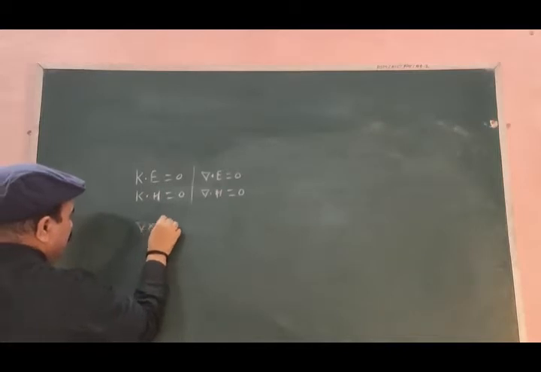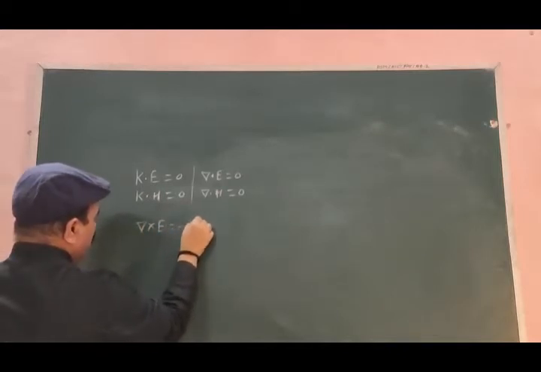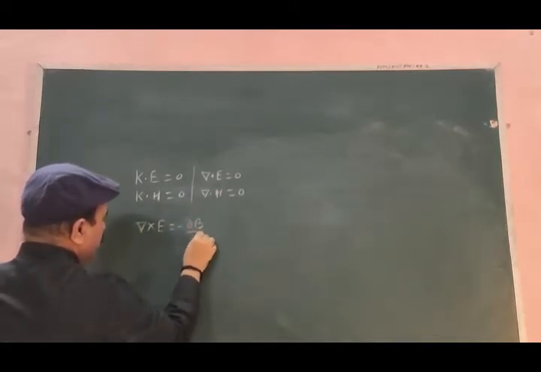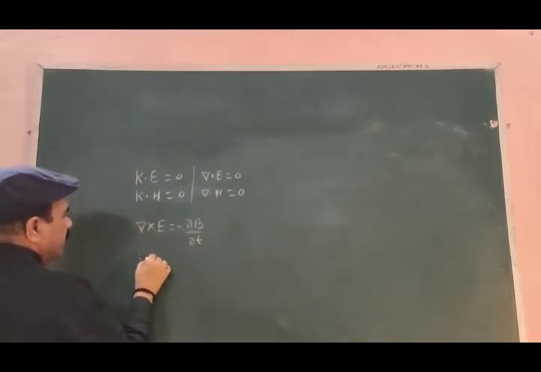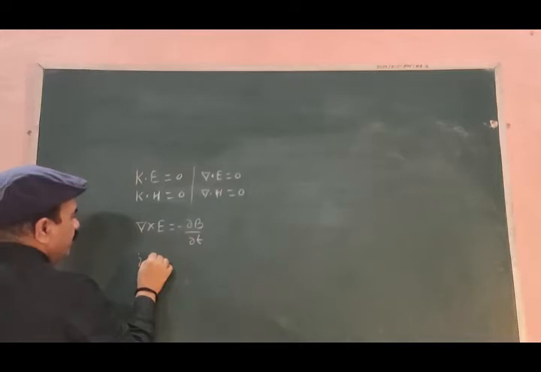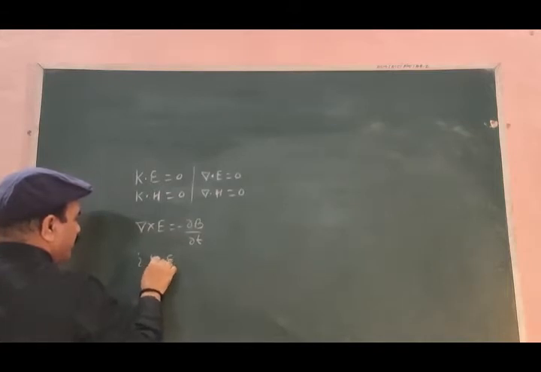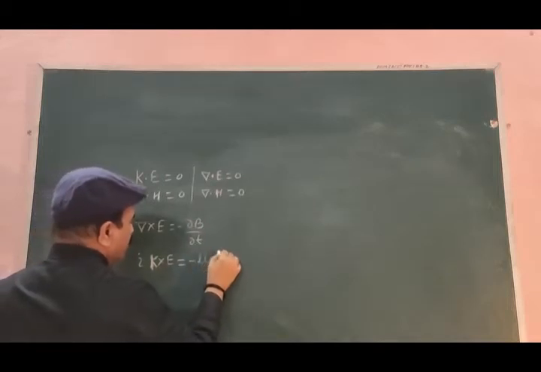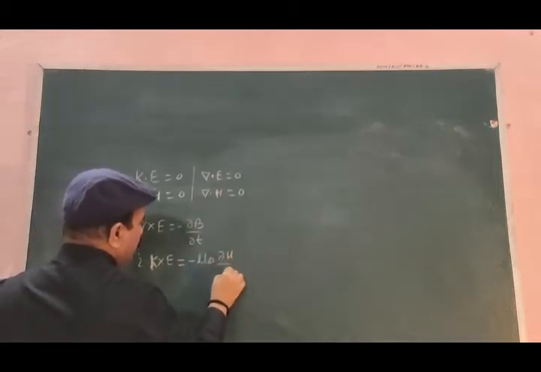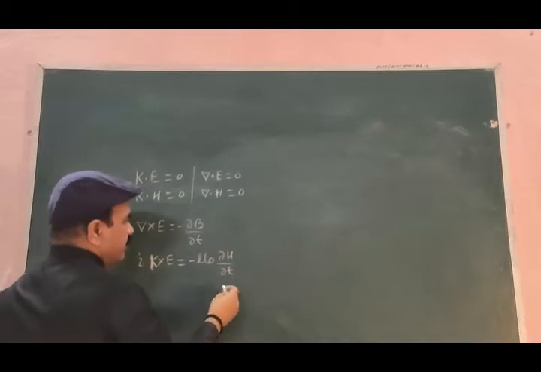Del cross E is equal to minus dou B by dou T. This is obtained as I into K cross E. This is equal to minus mu 0 dou H by dou T.